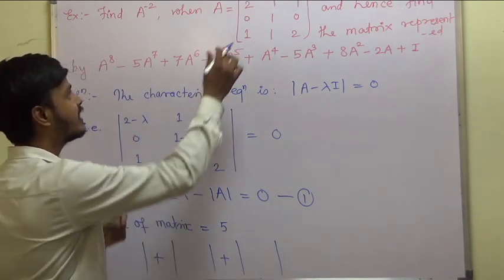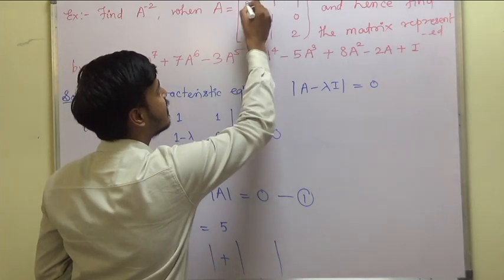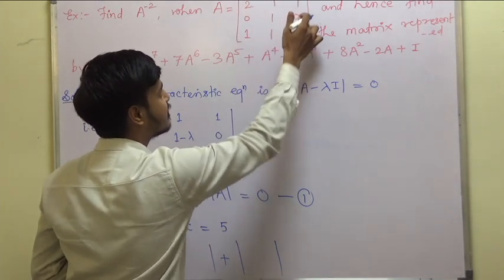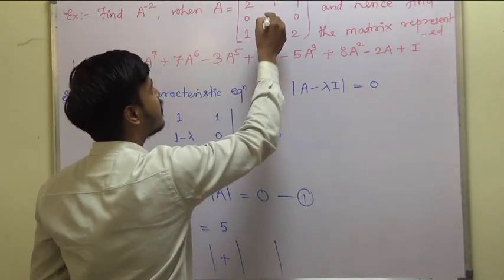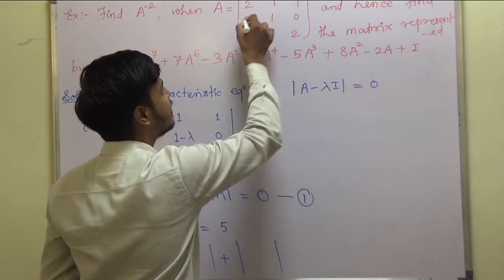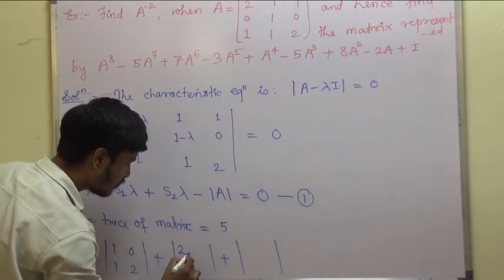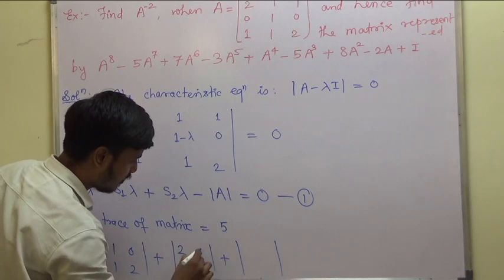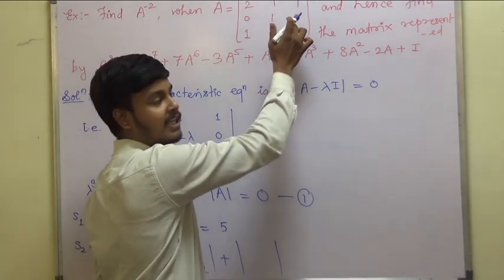What is the minor of this diagonal element? Remove this row and this column and take the determinant of the remaining: 1, 1, 0, 2. What about the minor of this element? Delete this row and this column, and you get 2, 1, 1, 2. Now what would be the minor of this element 2?